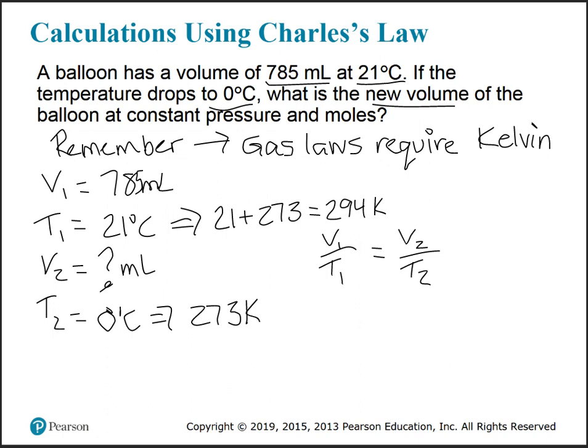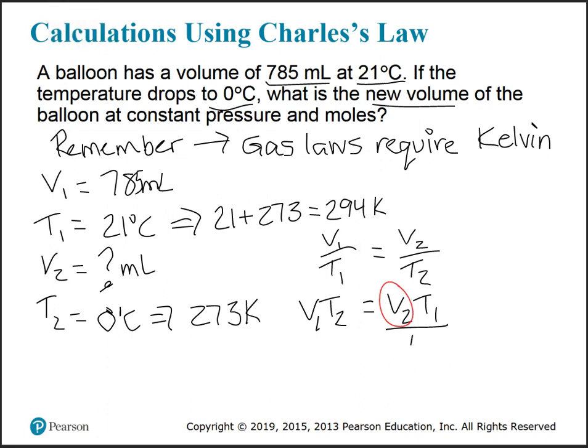You're going to need to be able to figure it out yourself. So I wrote down Charles's law. I'm going to do the cross multiplication. Then I'm going to circle which variable I want to solve for. In this case, it's V2.